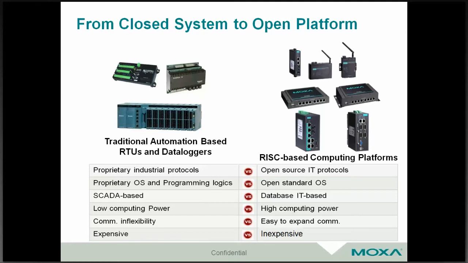If you compare the computing power, again, now we start to see a small computer, a box computer that can come with 1 gigahertz or even 1.4 gigahertz computing power. But the RTU and POC, because they were built so long ago, and migrating the entire programming code in their system to a new system will simply mean they have to develop everything from scratch.